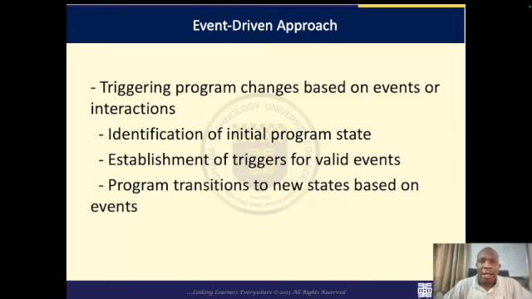So you see that the program's behavior will depend on which action or which state is triggered by the user. Whether the user is right-clicking, left-clicking, or dragging, all of this will trigger a different response. So this approach of program design is based on the user's action, and then some states would be triggered.